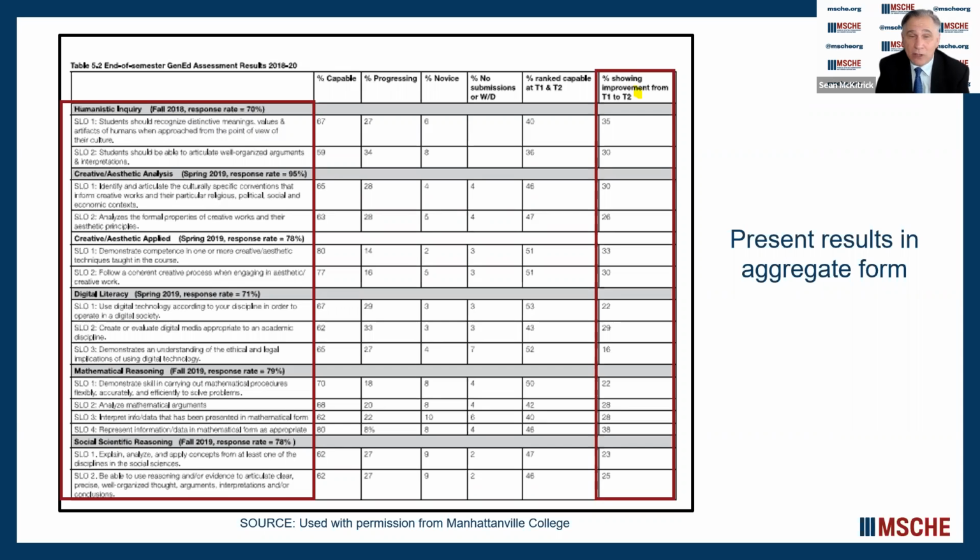And then in the final column, you'll see the percentage of reports showing improvement from one time period to a second time period.